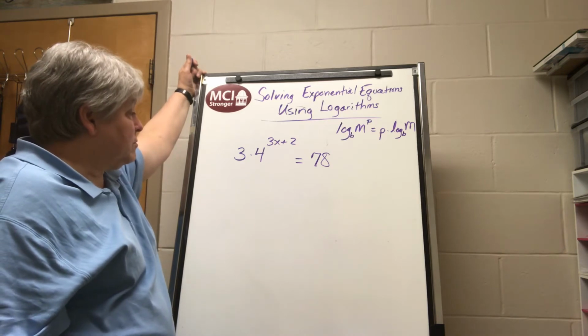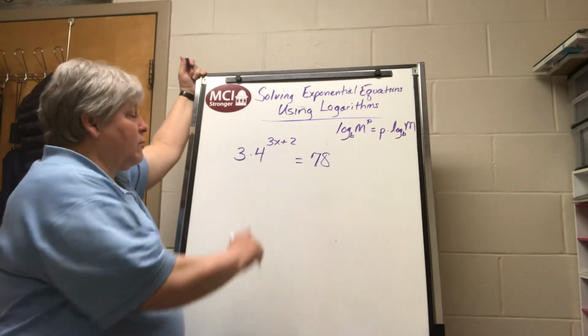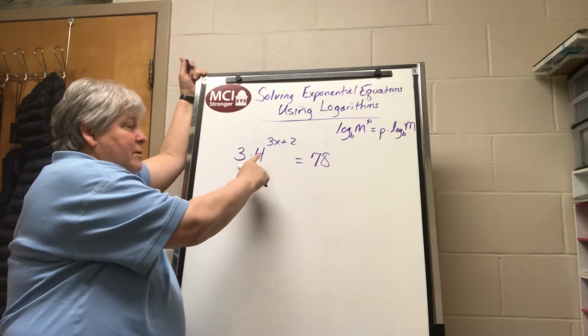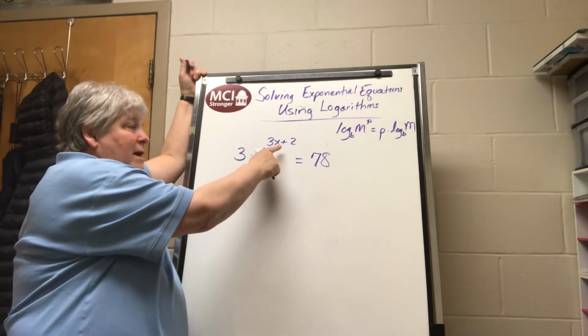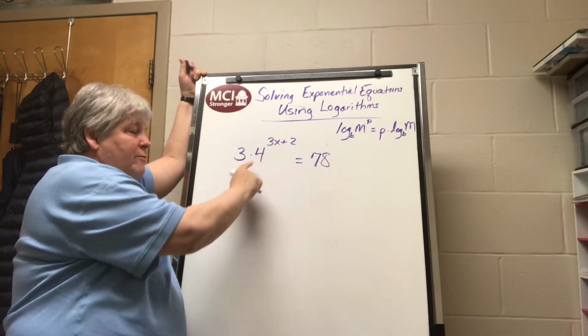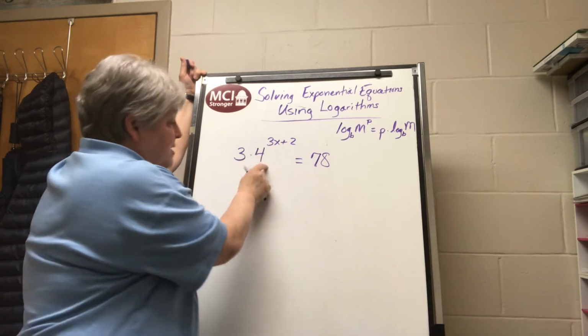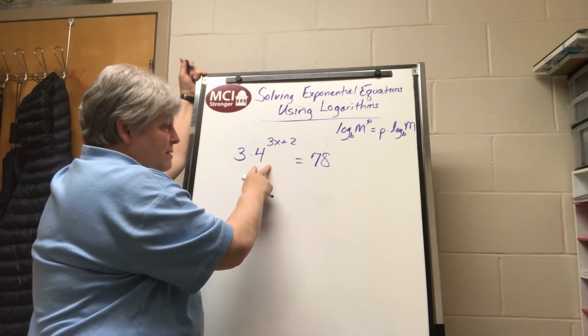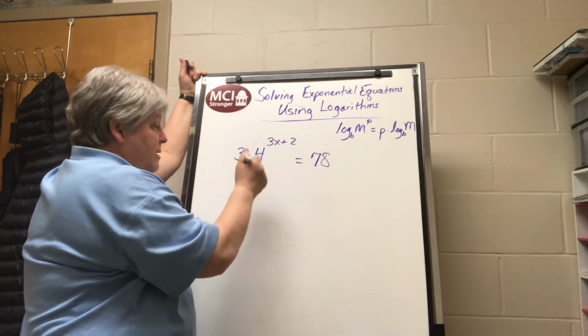All right, so if you remember right, all the ones we've done had just a base to a power. This 3 is keeping the base to a power from being alone. So the first step would always be to isolate the quantity that's being raised to a power.